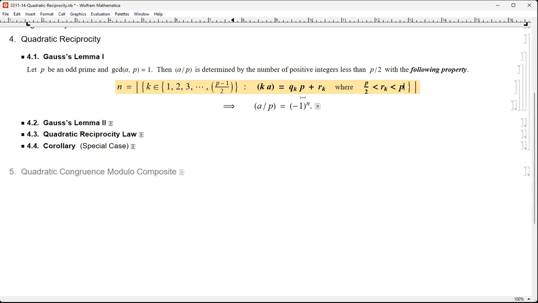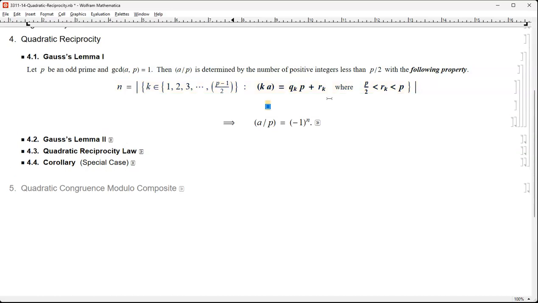Divide ka by p and take the remainder. The remainder has to be always greater than or equal to 0 and less than the divisor p. That's always true. But some of them will be sufficiently large so that it's greater than p over 2. That's what this following property is all about.